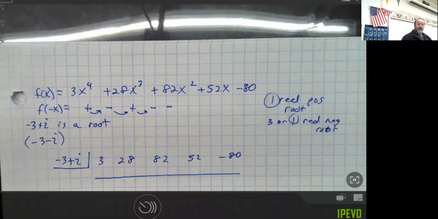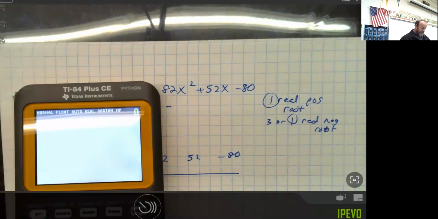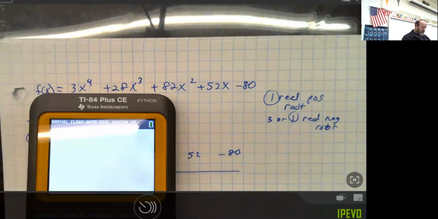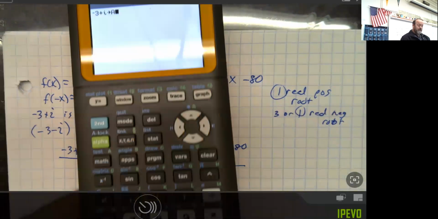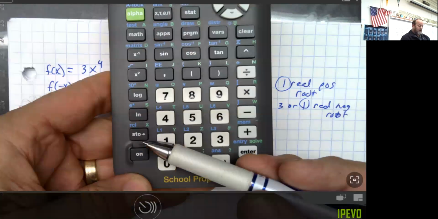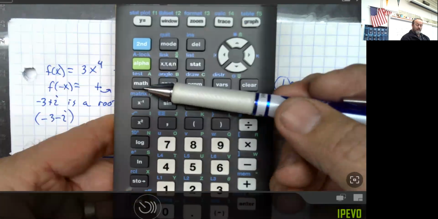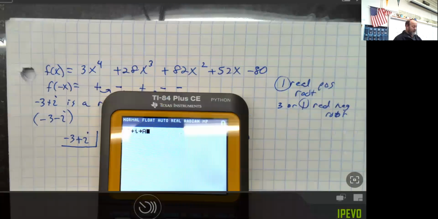What we did in class is take this root, -3 plus i, and store it as alpha A. Remember, the store button is down here at the bottom. We hit the green button, and then tell it what letter we want. We could use A, B, or C, any letter. I just usually choose A because it's easier.